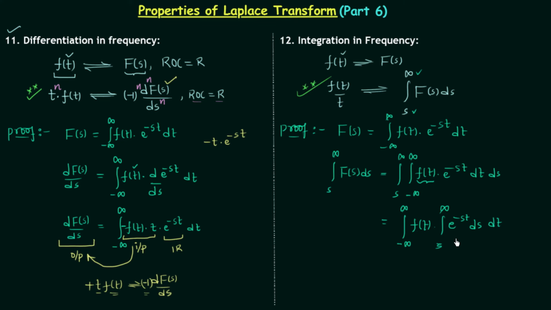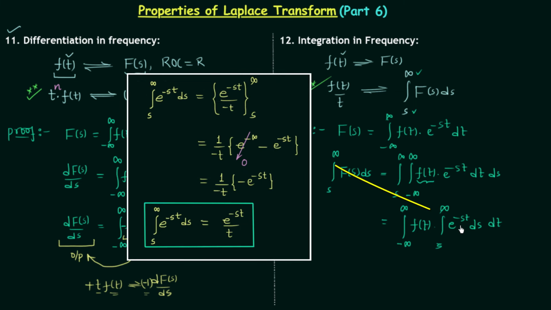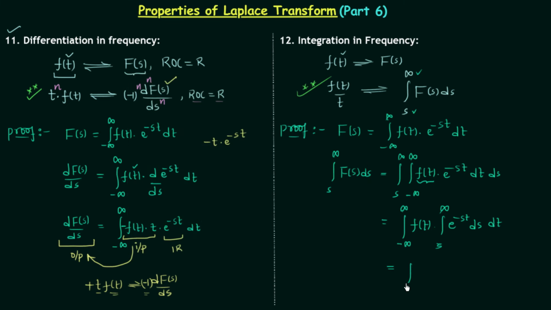And when you perform the integration of e power minus st with respect to s, you will find it is equal to e power minus st divided by t. So we have the integration from minus infinity to infinity of f(t) multiplied by e power minus st divided by t, dt.